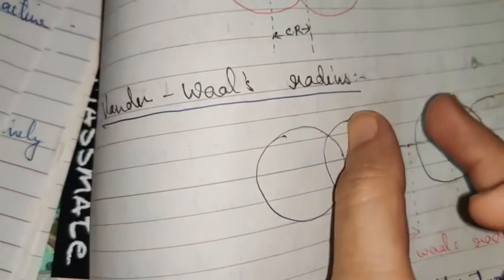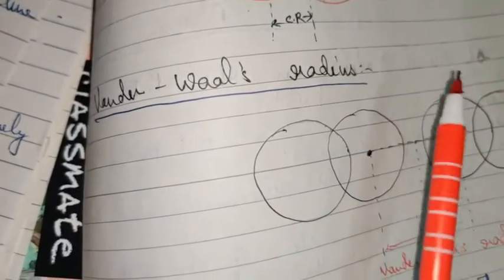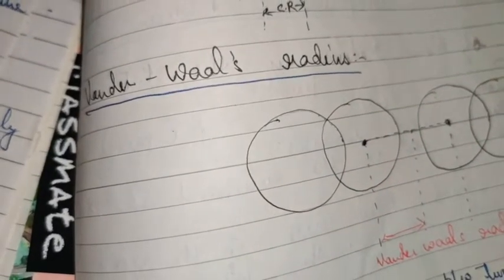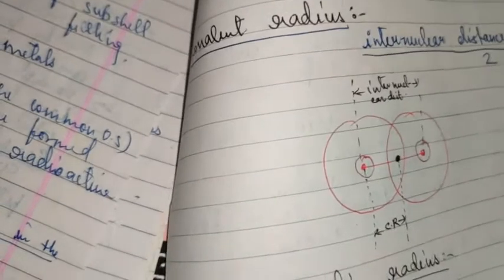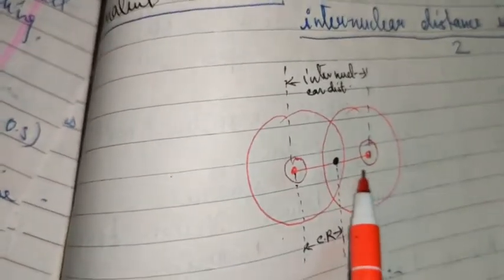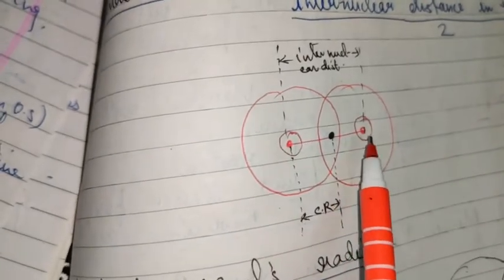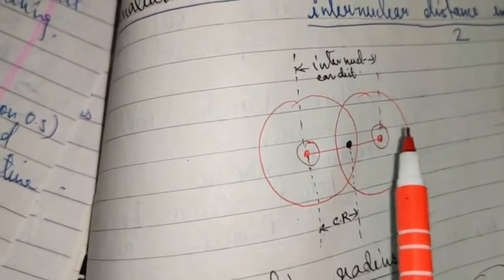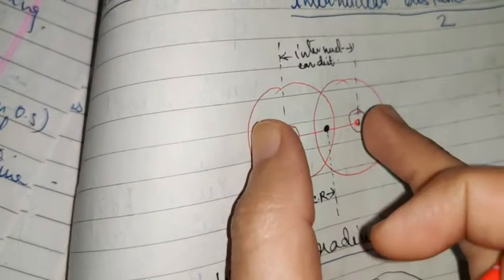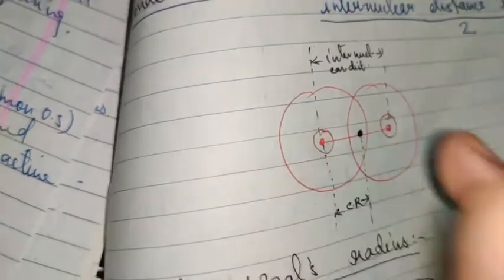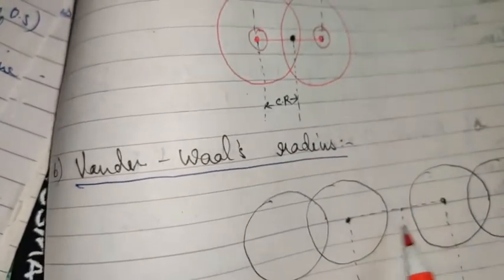So obviously the internuclear distance will be more, so obviously the half value will be more. Now coming to covalent radii, you can see here it is formed by the overlap of the two atoms' atomic orbits. So obviously the internuclear distance will be closer in comparison to this.